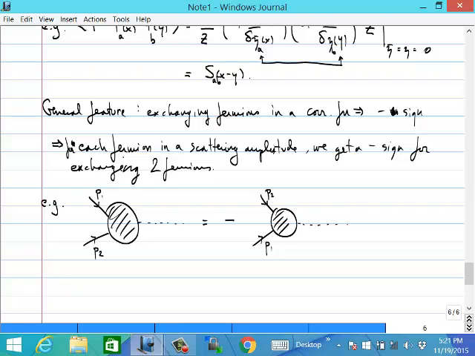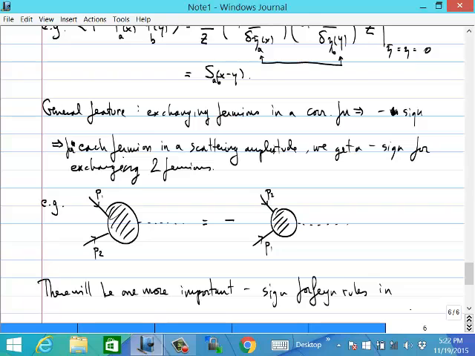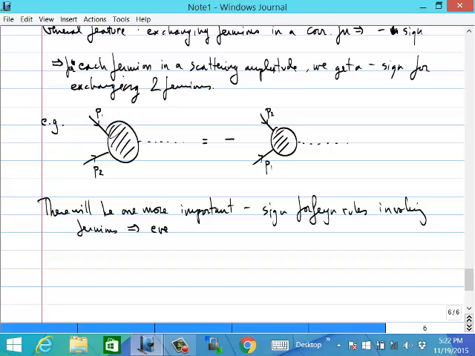And so there's going to be one more important minus sign for Feynman rules involving fermions, which is that for every loop in a Feynman diagram that involves fermions, the Feynman diagram will pick up an extra minus sign.